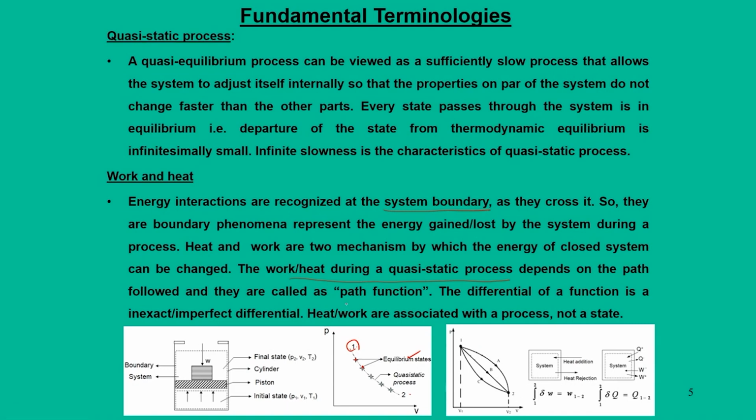Hence both heat and work are called path functions. And of course, they are treated as inexact or imperfect differentials, and they are not associated with a particular state, rather they are associated with a process. That means their identity is with respect to a process, not a particular state.